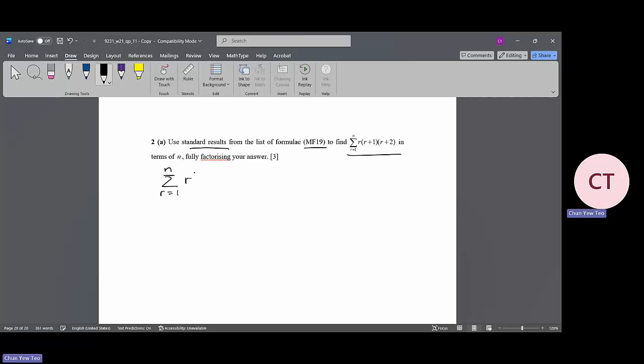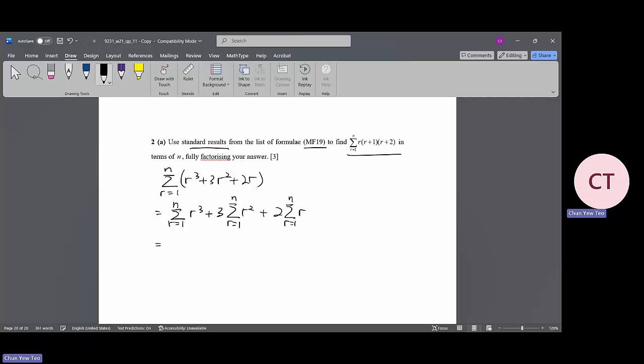You will get r cubed plus 3r squared plus 2r. So we will break them into three parts: this will be r cubed, this will be r squared, and this will be r, with r equal to 1 until n.